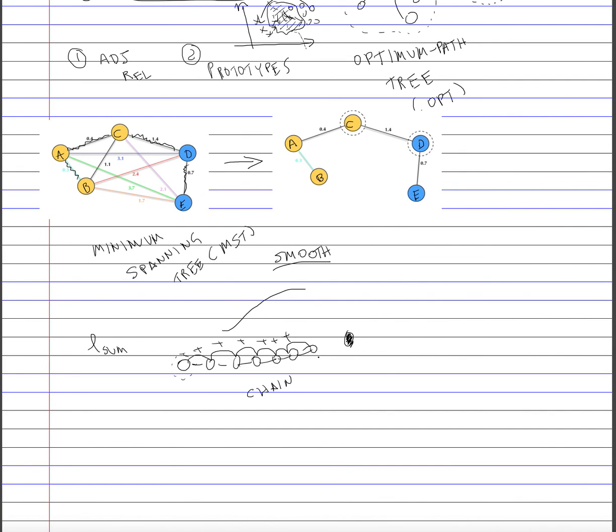So depending on the length of the chain, the cost that this prototype will offer to this sample is going to be much greater than the cost that the prototype from the black class will offer to this sample from the white class. So probably this sample is going to be conquered by the black prototype, so it's going to be misclassified.